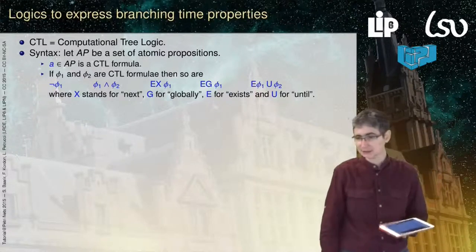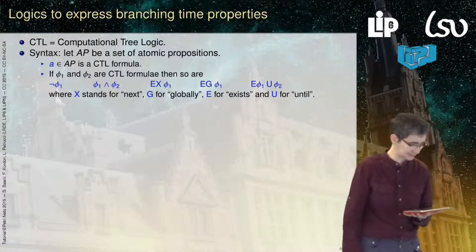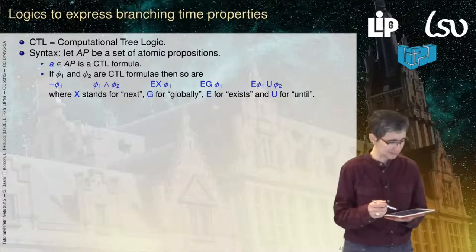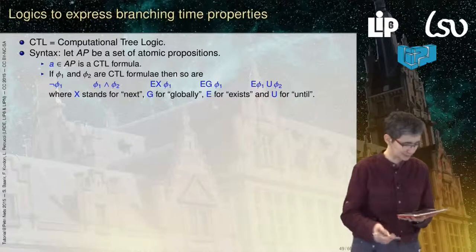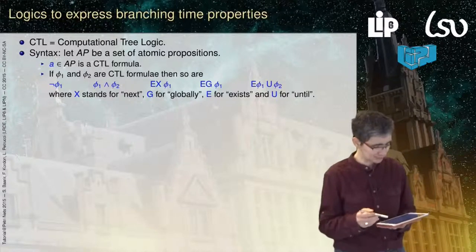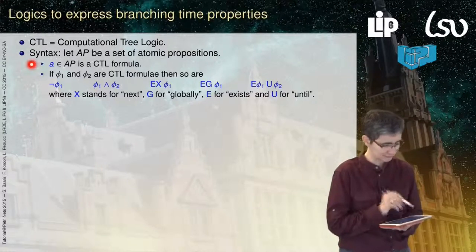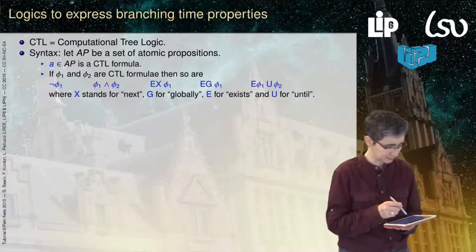CTL stands for computation tree logic. Its syntax is a bit similar to LTL, but you express things on a tree instead of a path. So you have additional operators. You have atomic propositions: an atomic proposition is a CTL formula.